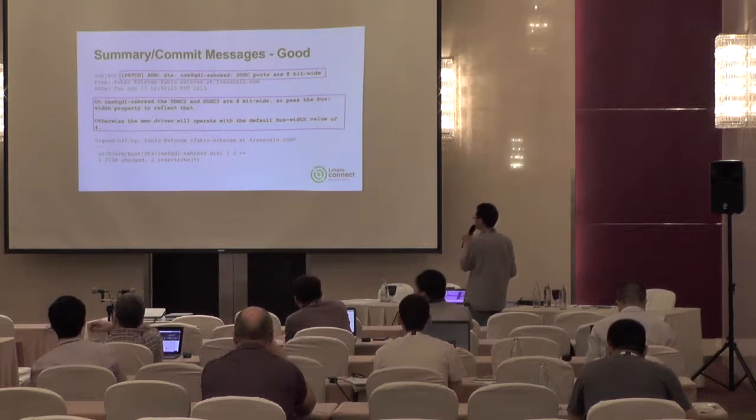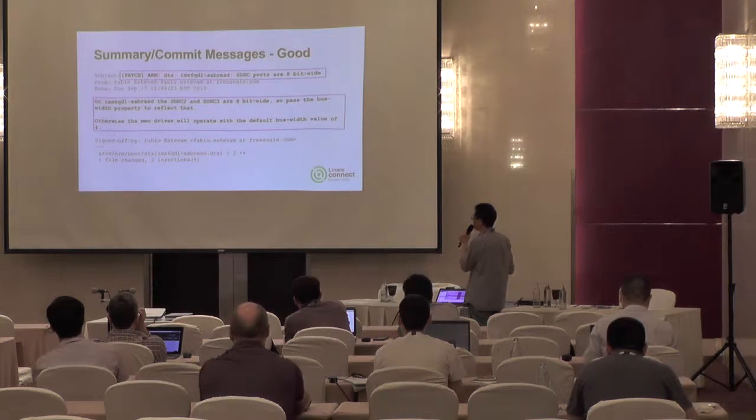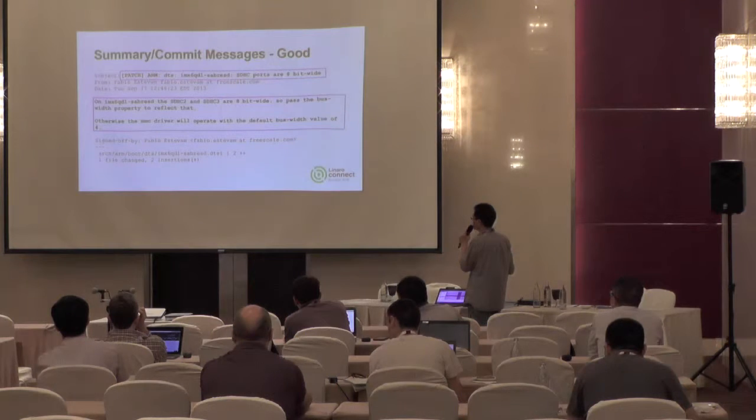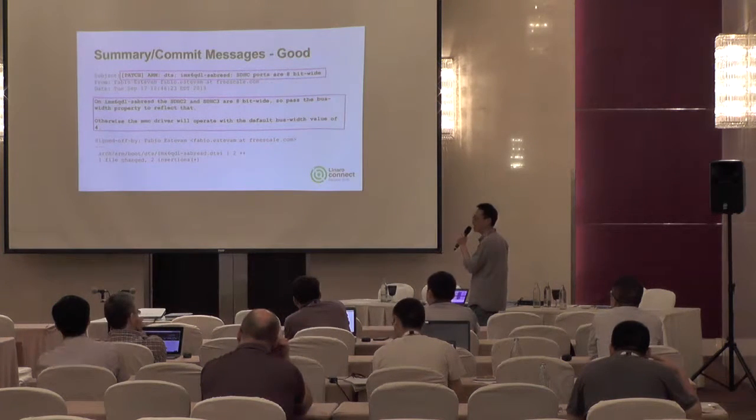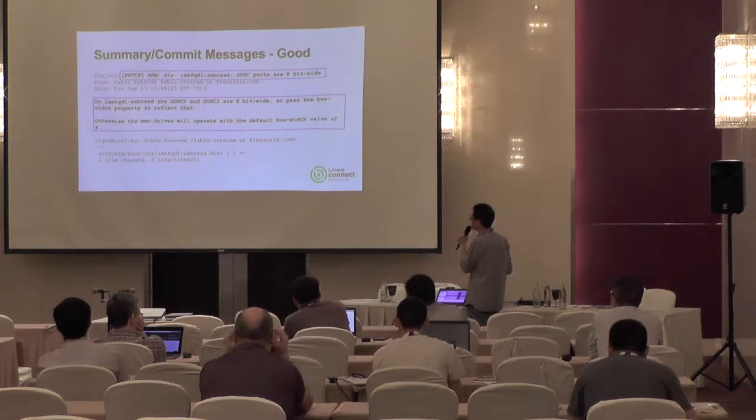So here is a good example of a summary and commit message. We can see this subject uses multiple parts. First is PATCH in square brackets, and then because this patch modifies the i.MX DTS, it first indicates ARM, the architecture, then dts, the code being changed, and then imx, the platform.